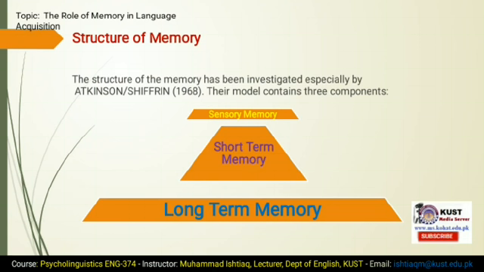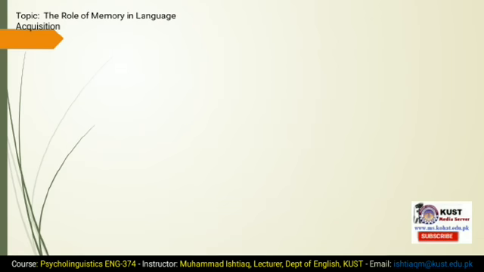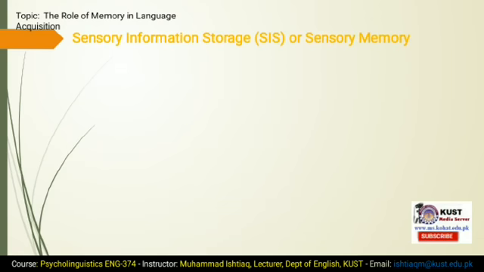Sensory memory forms a very small part of our memory structure. Short-term memory is larger compared to sensory memory, and long-term memory is the largest part, forming the largest component of the structure of memory. Now we are going to discuss each one in detail one by one.